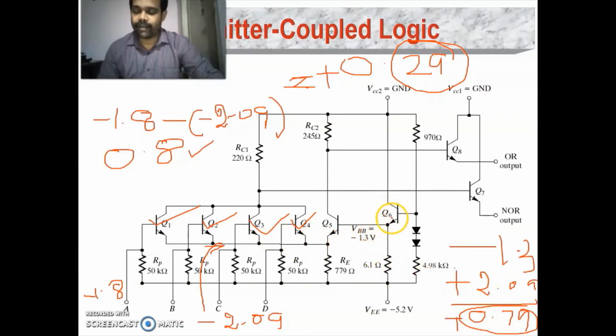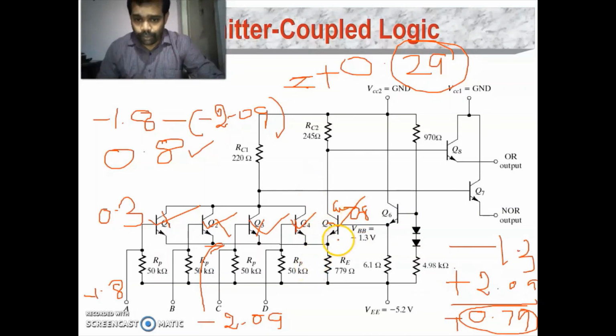We have to calculate VBE, which is VB minus VE. So minus 1.3 minus of minus 2.09, minus of minus becomes plus. Finally we are getting 0.79, which is approximately 0.8. So this transistor Q5 will conduct, and Q1, Q2, Q3 and Q4 will not conduct because their base emitter voltage is 0.3, whereas here the base emitter voltage is 0.8. So Q5 will conduct. Since Q5 is conducting, Q8 will also conduct.